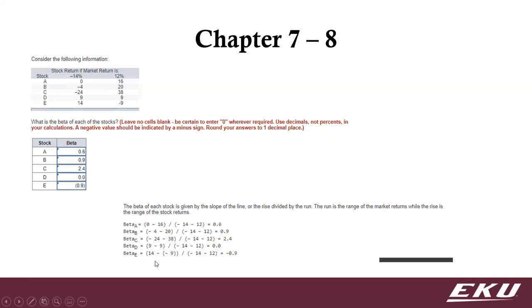The numerator is just this difference: 0 minus 16, negative 4 minus 20, negative 24 minus 38. Just taking those differences and taking the quotient between them gives you the beta.